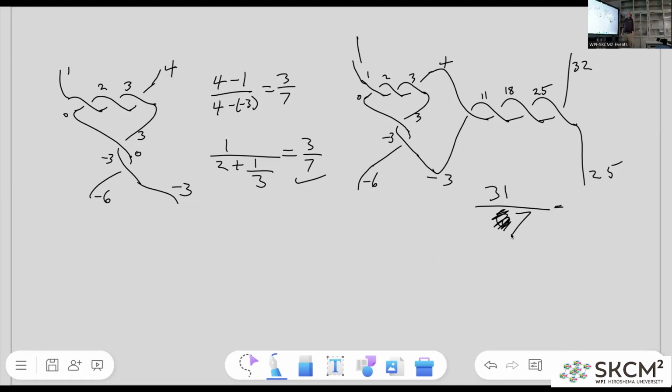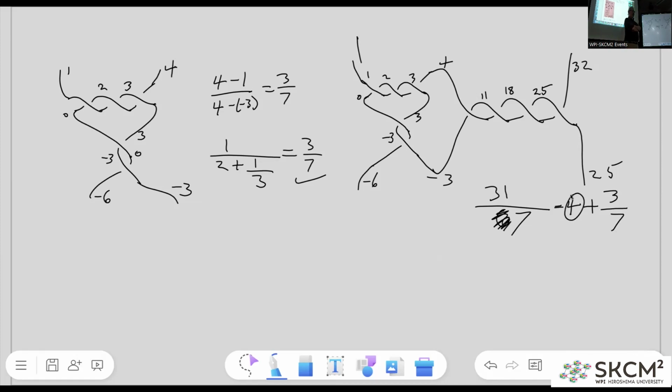31 over 7. But what happened? 7 goes into 31 4 times with a remainder of 3. And there you are, 4 plus 3 over 7. So that's how it goes in practice. And you see that the way it goes in practice is the way it's going to go in general.